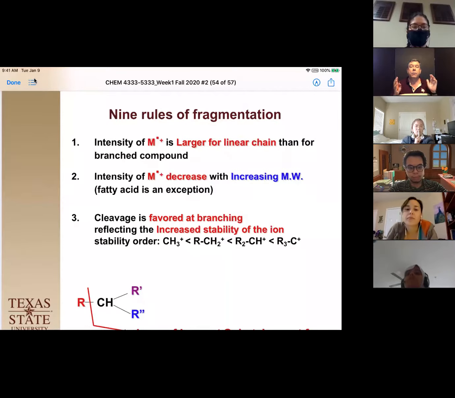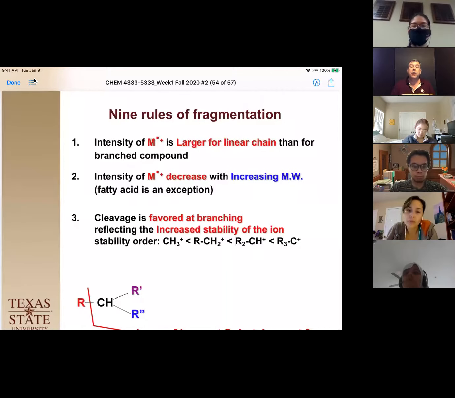And so we might say, oh, that might be a long linear chain. Okay. The molecular ion peak is larger for straight chain hydrocarbons than branched hydrocarbons, okay? And the reason for this, number 3 here, is that cleavage is favored to give you the more stable radical cation.